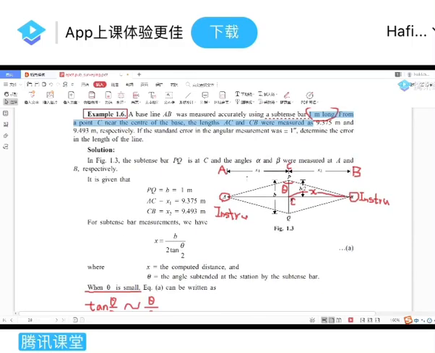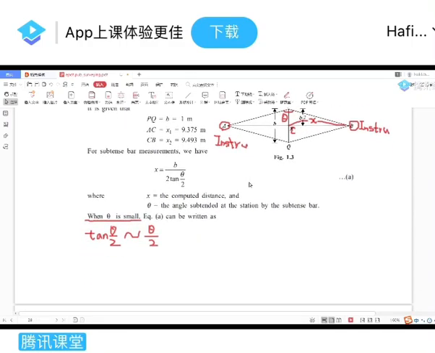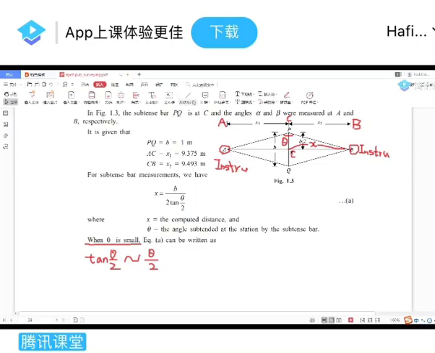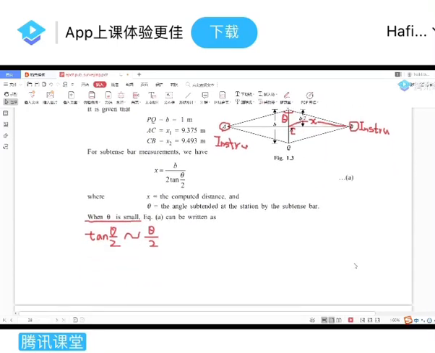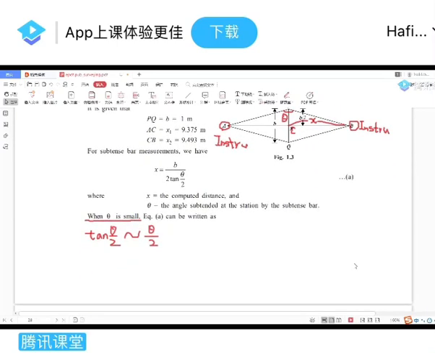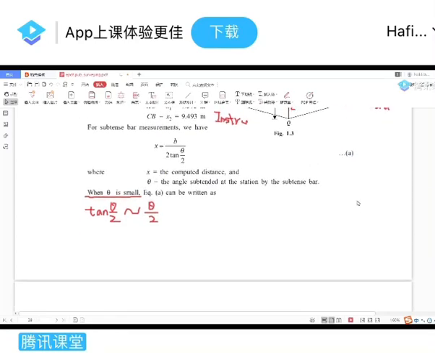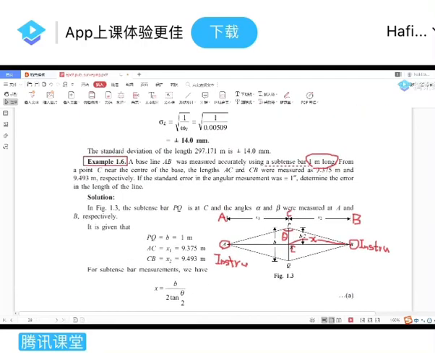The basic idea is, instead of holding something vertical, you can just hold it horizontal. This bar is called a subtense bar. Sometimes it is held by a machine, sometimes by one person using two hands, because it's only 1 meter long.